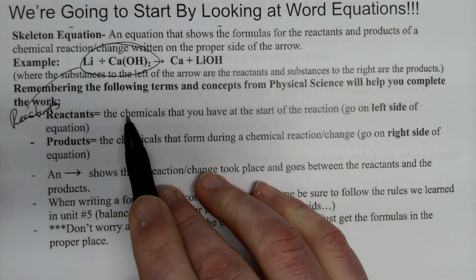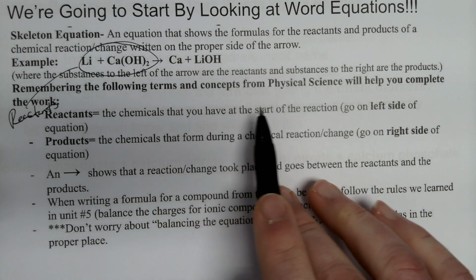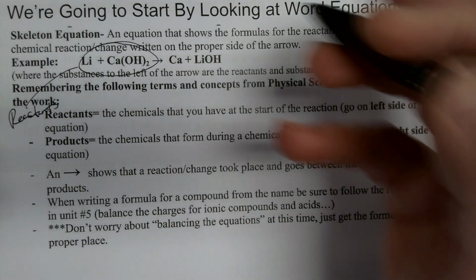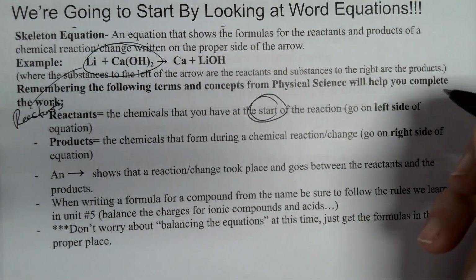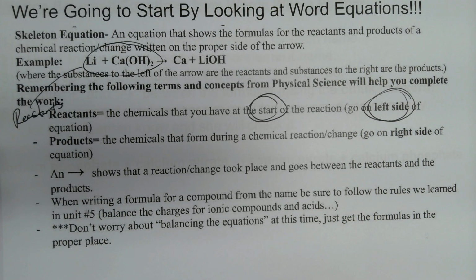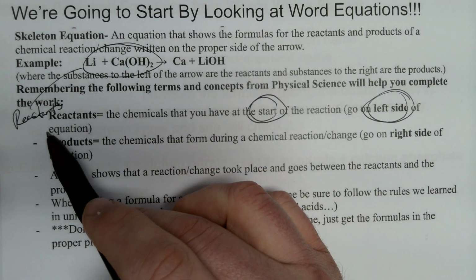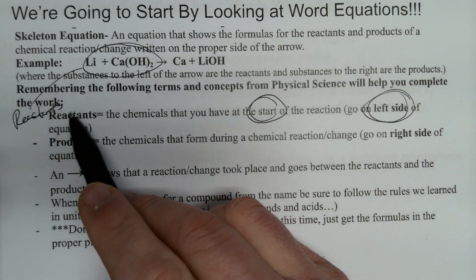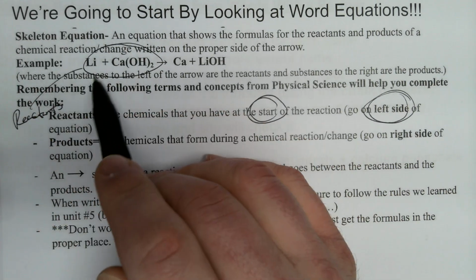What are reactants? Well, right underneath here, the reactants are the chemicals that you have to start the reaction with. So they are stuff we're going to start off with. And where do I find them in my formula? I find them on the left-hand side of my arrow in the equation. Whatever's on the left is what I start with. Those are my reactants. They are always found on the left-hand side of my formula.